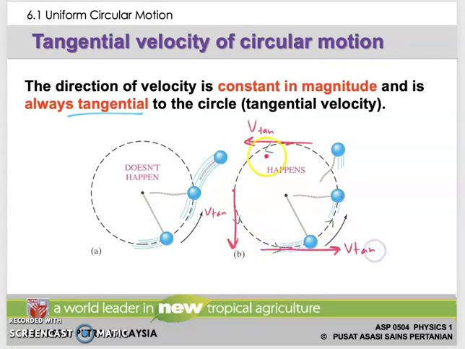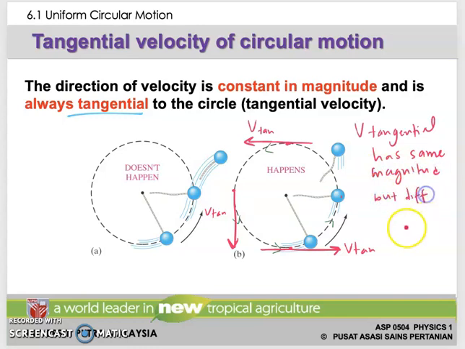So V tangential is always constant in magnitude, but the direction always changes, which is why we came up with omega to solve it.